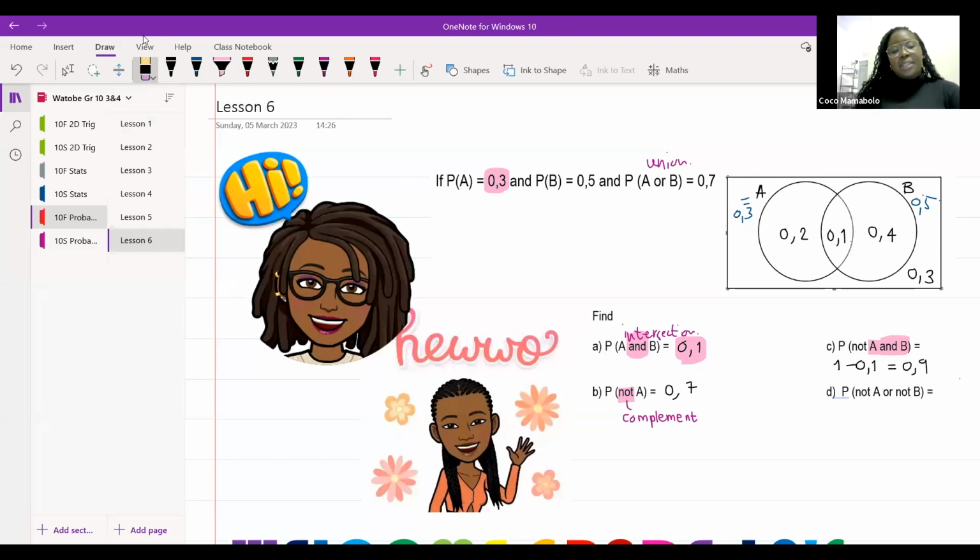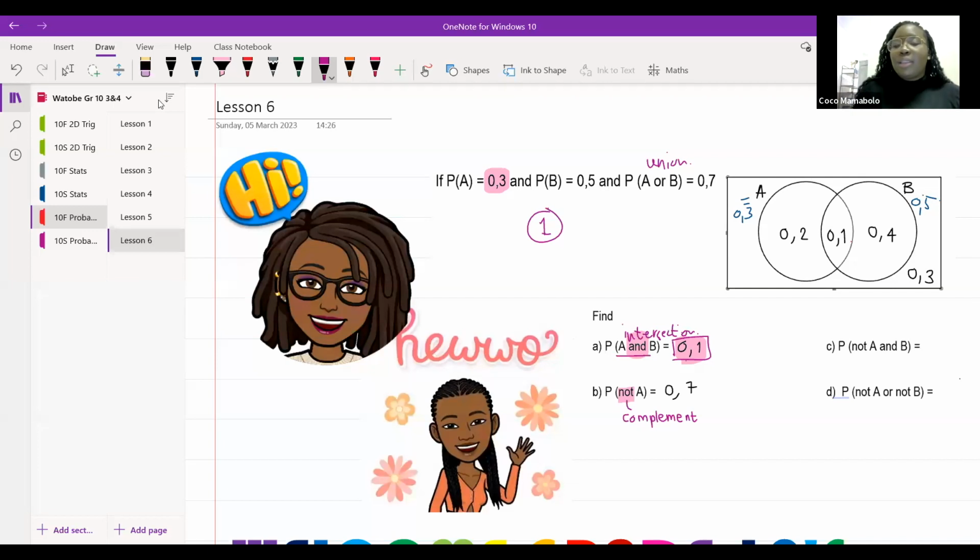Good. Okay, Abigail says, ma'am, please explain C. Okay, so look here, Abigail. In the first question, we found the intersection of A and B. We said that the intersection of A and B is 0,1. Now, we've all established that the probability of everything put together must equal 1. All of it must equal 1, right?